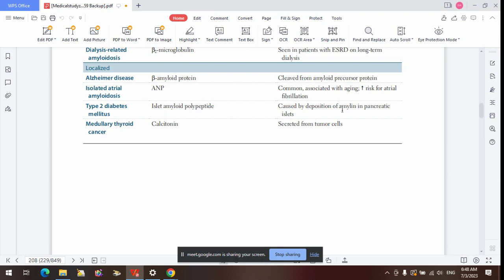Because of that insulin resistance, the beta cells of the pancreas will be forced to overproduce insulin. They will be like, is it that the insulin level is not enough to stimulate the receptor? Is that why we're having hyperglycemia? Is that why we cannot have a drop in the glucose? Let us overproduce that insulin.